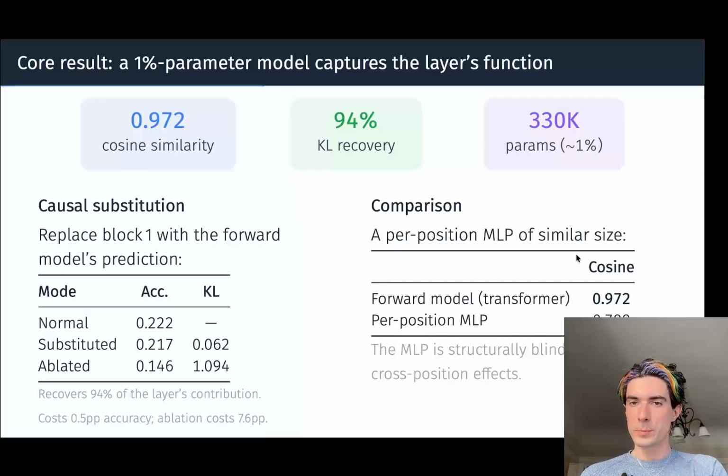And specifically, we find that the MLP within the transformer is recovered less by the forward model. The multilayer perceptron is typically the component of the transformer architecture that we think of as storing facts, rotating representational bases, that sort of thing.